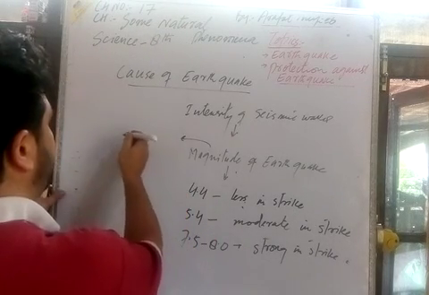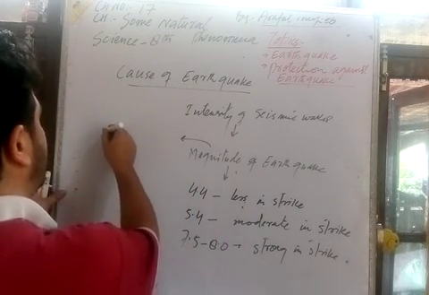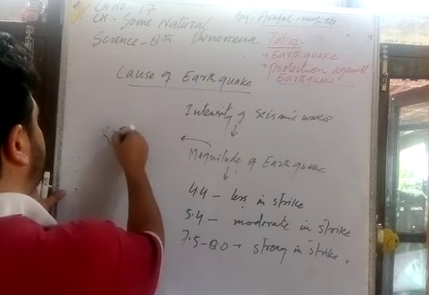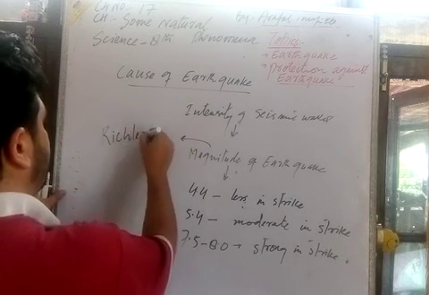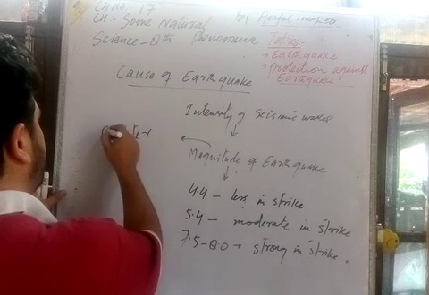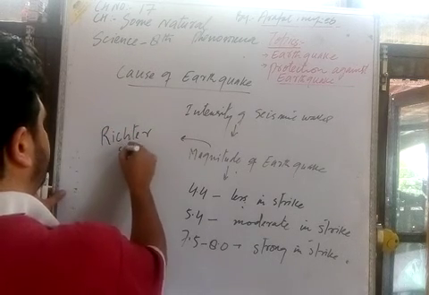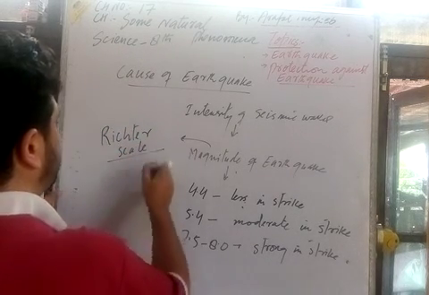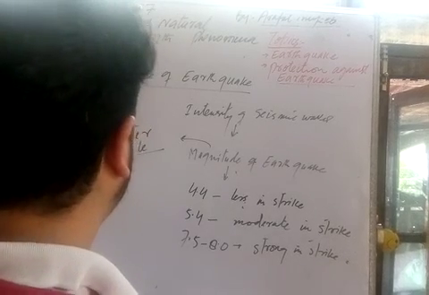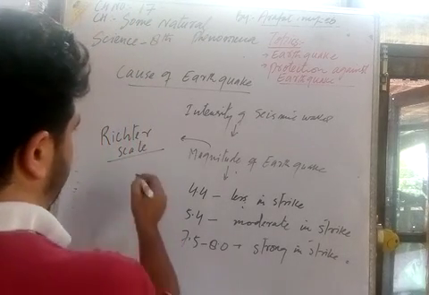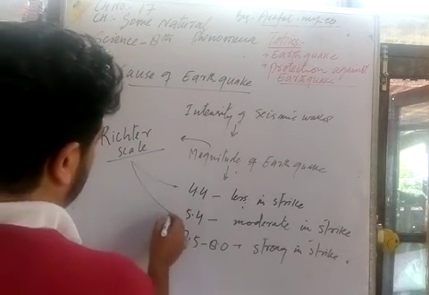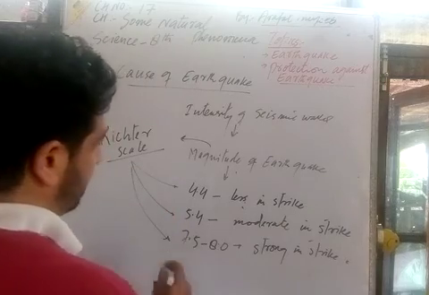We can determine it by a scale which is known as the Richter scale. The Richter scale gives us the following values, and we make an index.